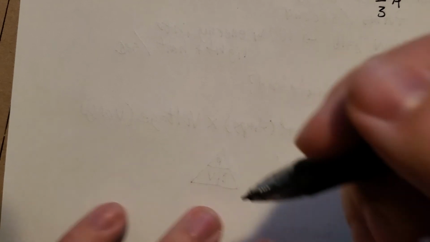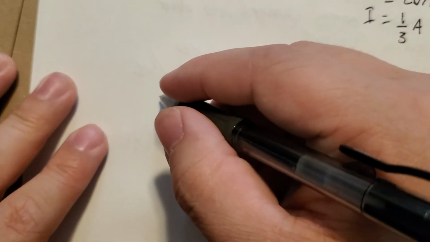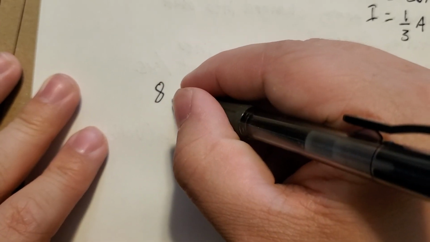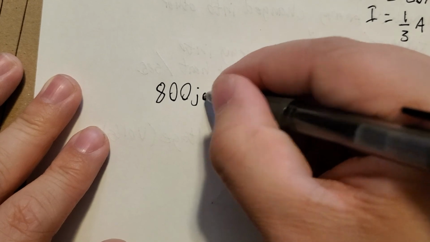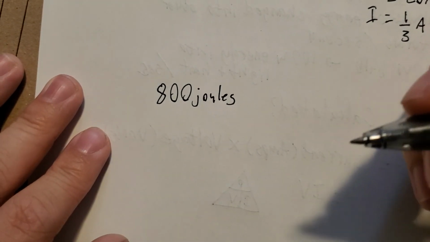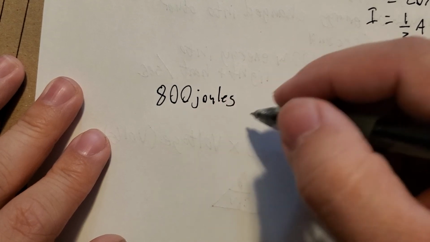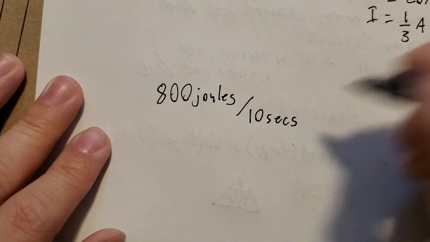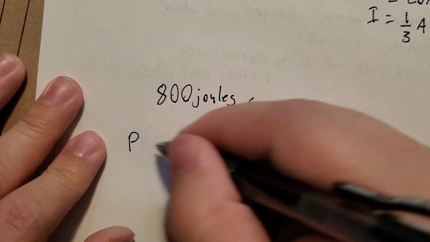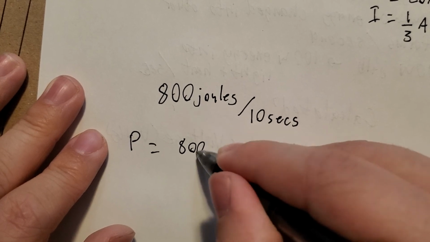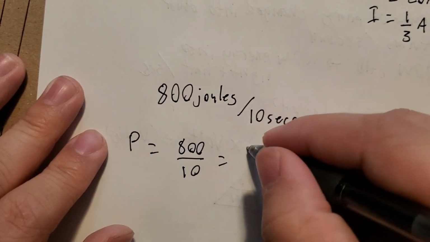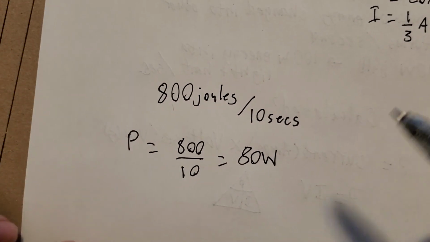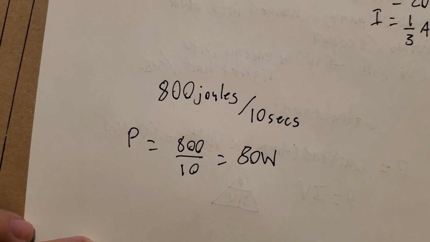So, say I calculate that I've got 800 joules of energy running through my circuit every 10 seconds, then my power would just be 800 over 10, which equals 80 watts. This is actually pretty realistic for a light bulb. A little bit on the higher end, but it is realistic.